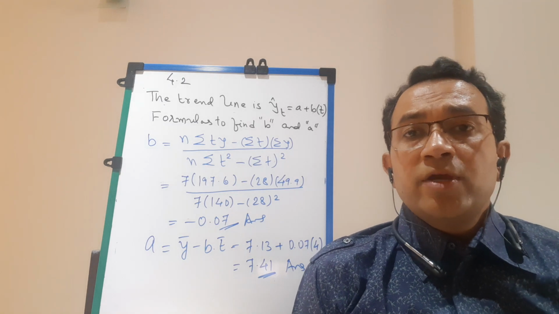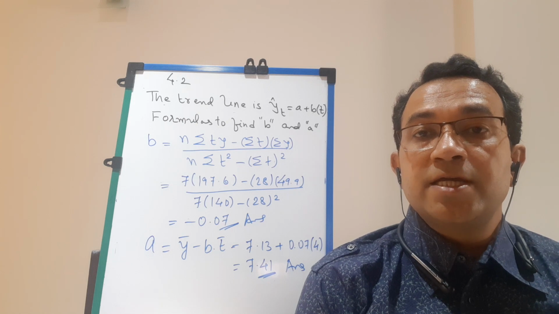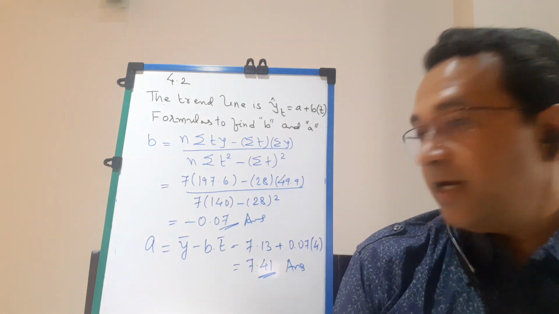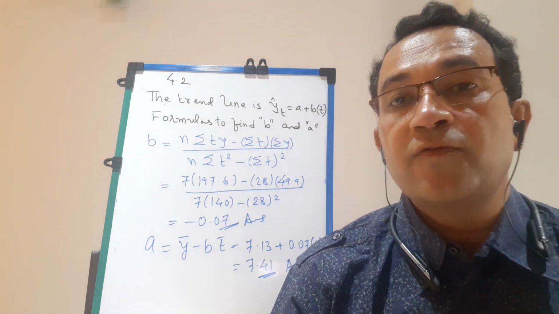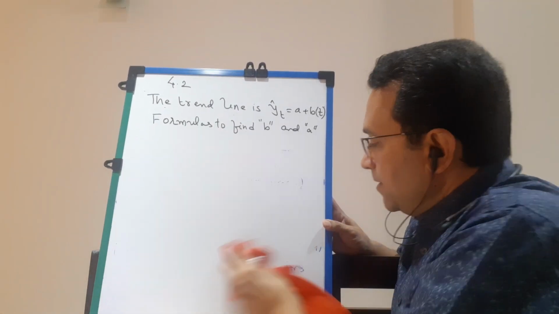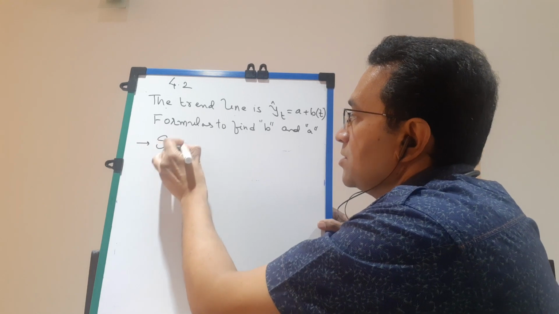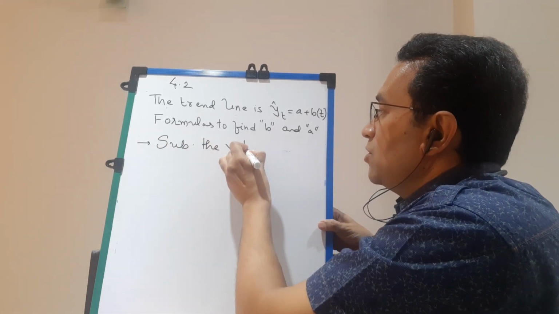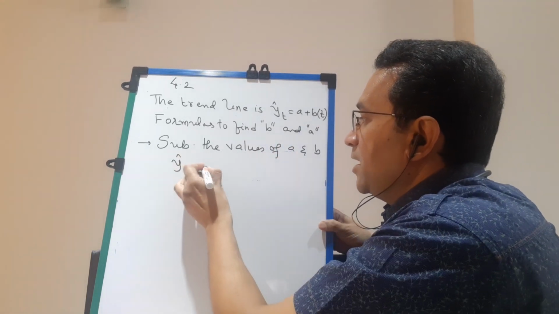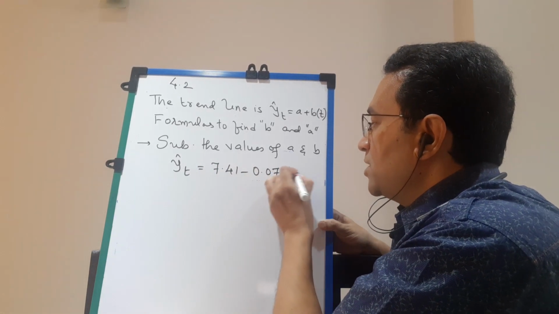So students, as we were doing in regression, after getting the answer of a and b, we substitute those constants in the regression line. Here we have to substitute these constants in the trend line. Now I am erasing the simplification of a and b. Our trend line, substituting the values of a and b, instead of the regression line, is 7.41 minus 0.07 t.